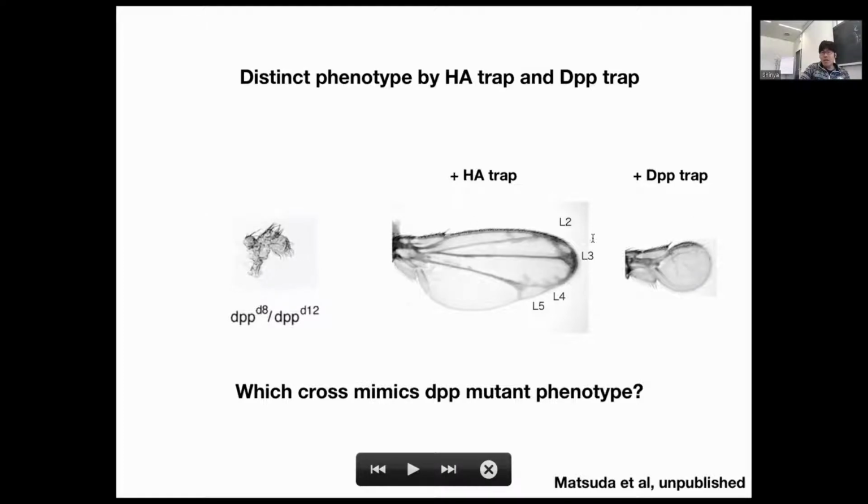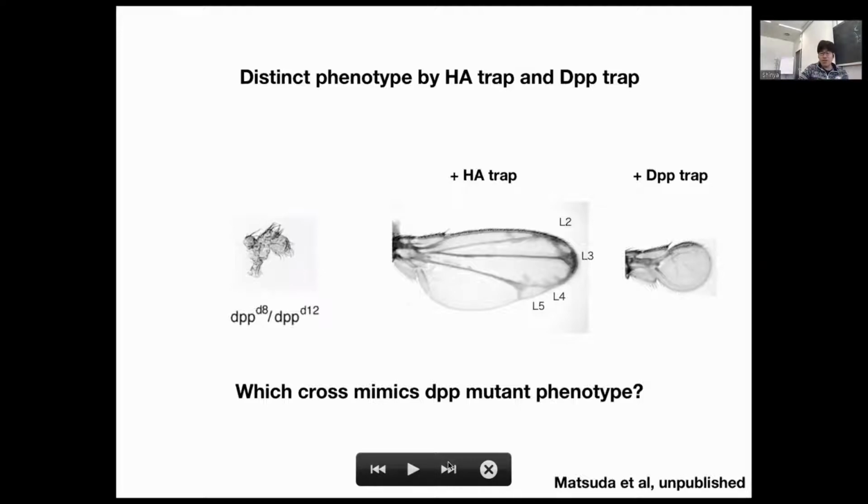In any case, the similarity between this and this, and between this and this, is very different. Right? This is much more similar to the mutant. Good. So, okay, obvious questions.